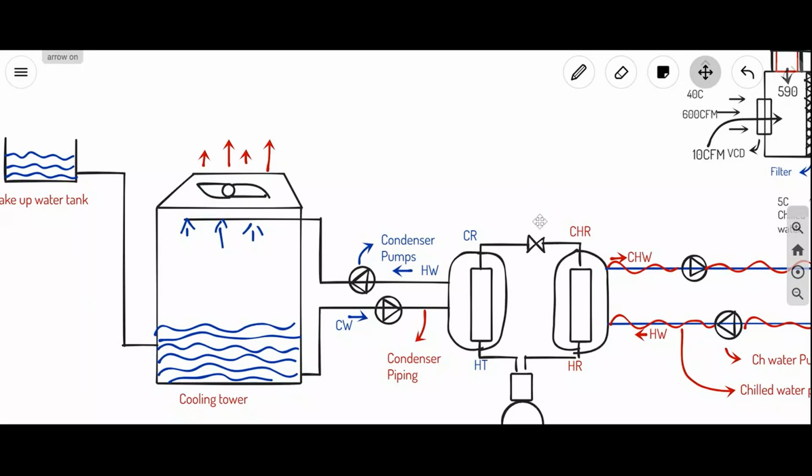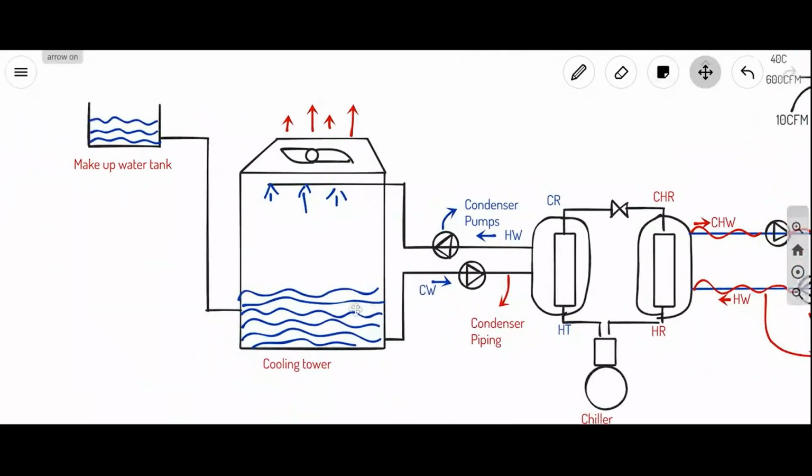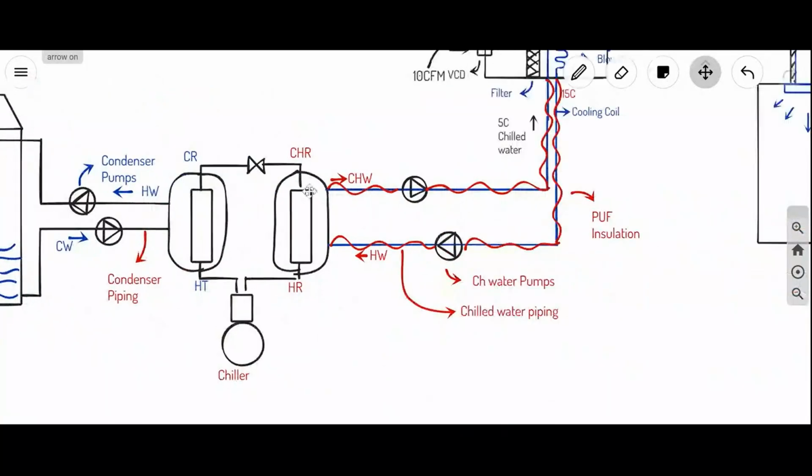Okay. So this is chiller, this is cooling tower, this is makeup water tank, this is chilled water piping, chilled water pumps. Puff means polyurethane foam. So any doubts still here?